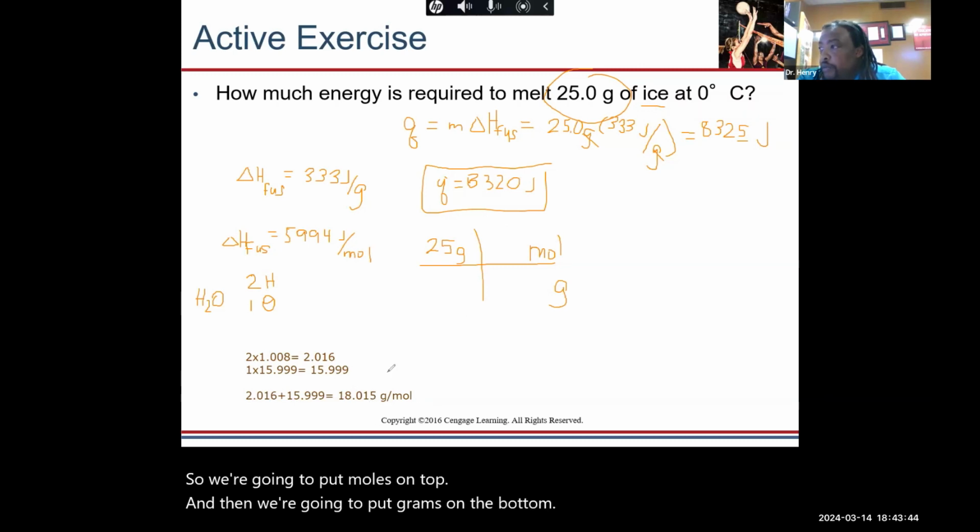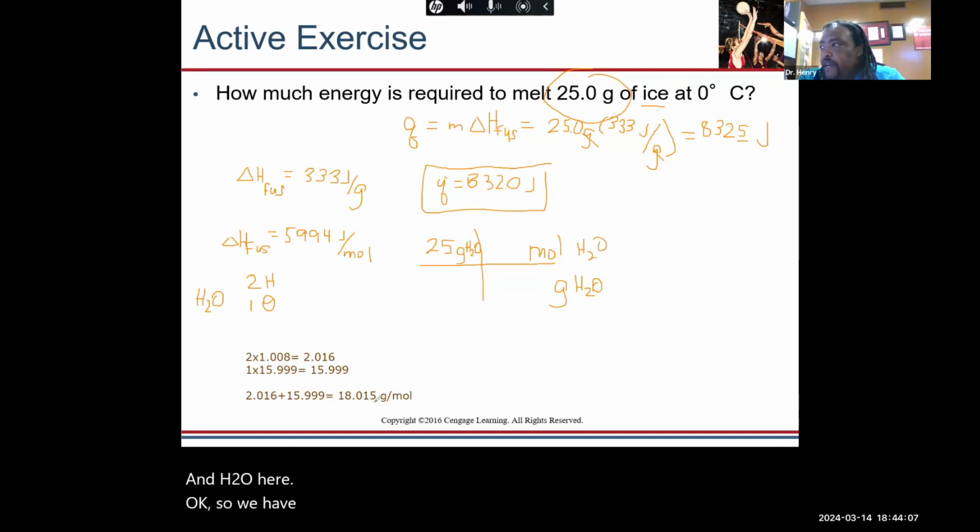So we're going to use our molar mass of water, say H2O here, since we know that ice is water. Okay, so we have 18.015 grams.